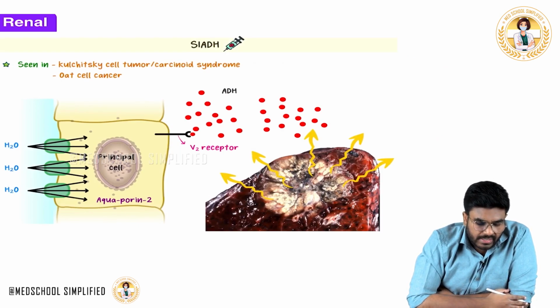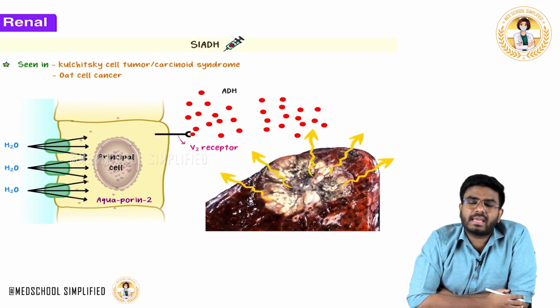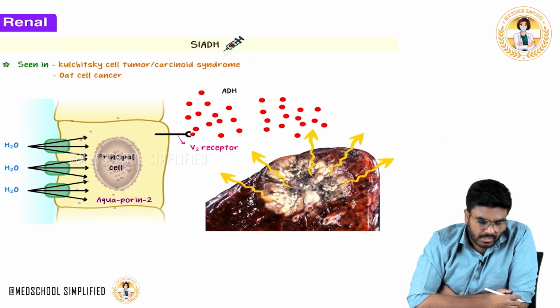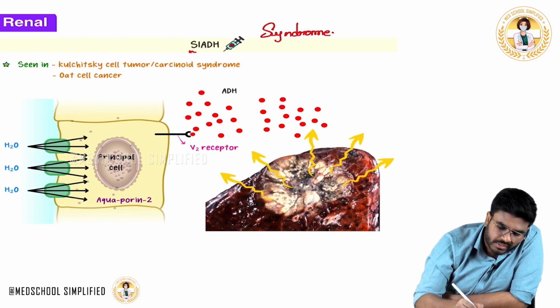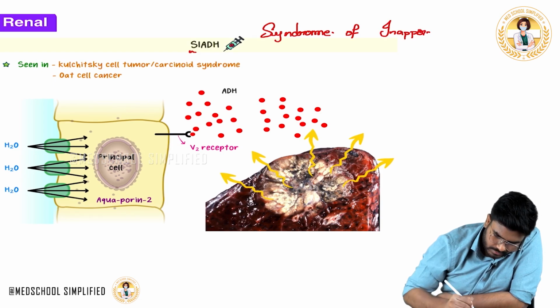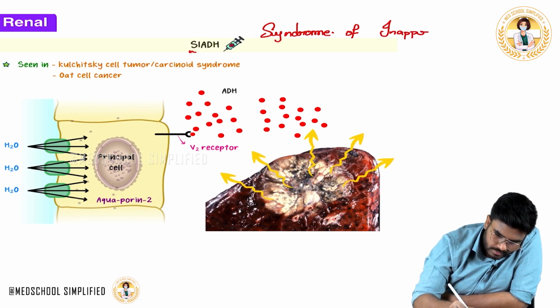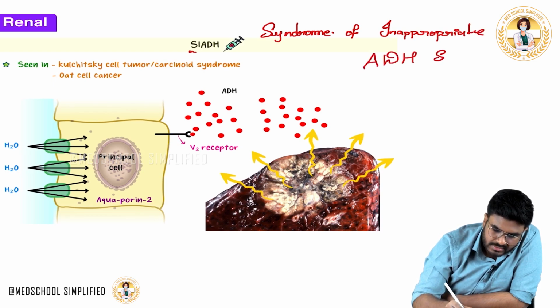Now before that, let's discuss a condition called SIADH. Okay, SIADH. Now what is this SIADH? SI stands for syndrome. Okay, the name is very important: syndrome of inappropriate anti-diuretic hormone synthesis.